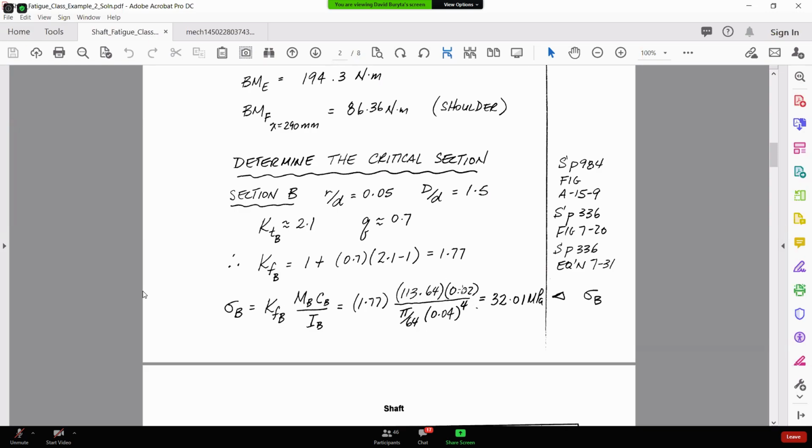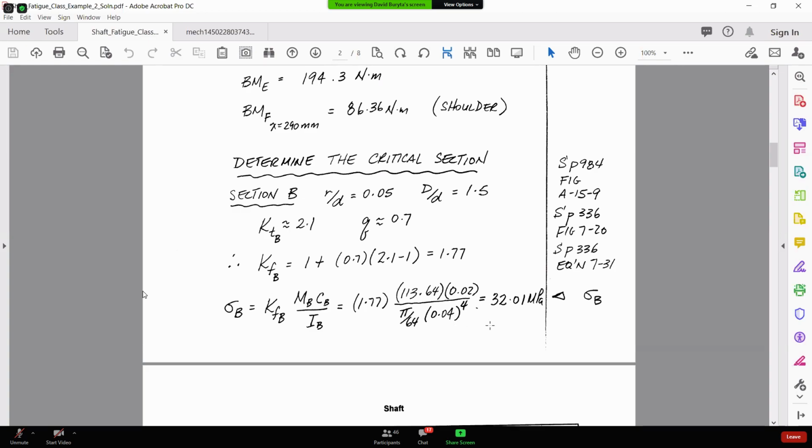So I take my MC over I for the smaller diameter, based on the 40 millimeters, and multiply it by my stress concentration factor. So I get a maximum stress at B of, let's say, 32 MPa.